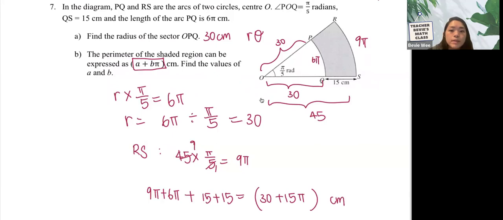Don't need to press the calculator because they want it in this format. That's all. Easy or not?